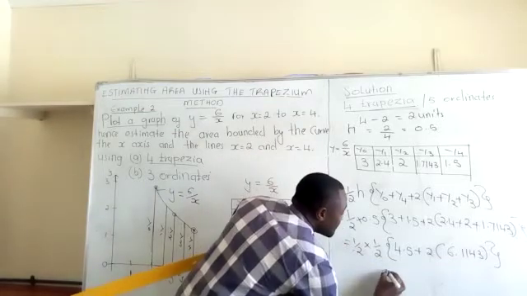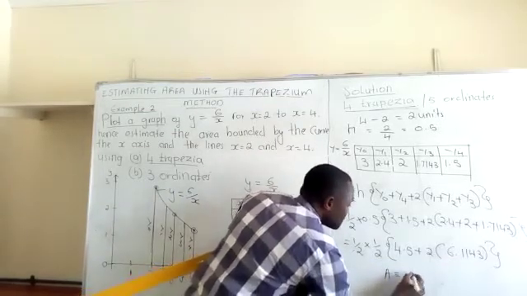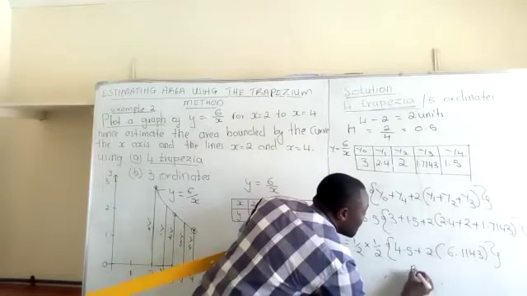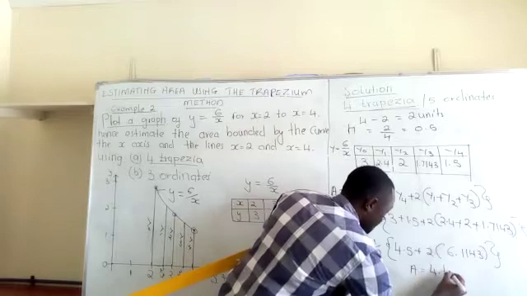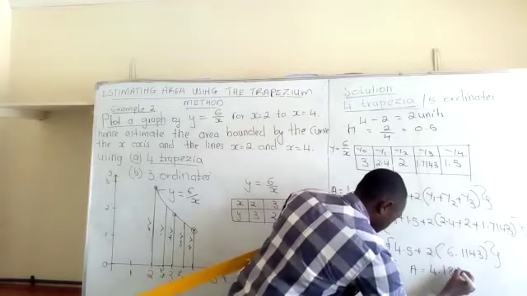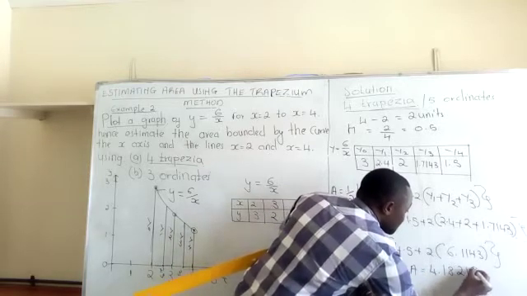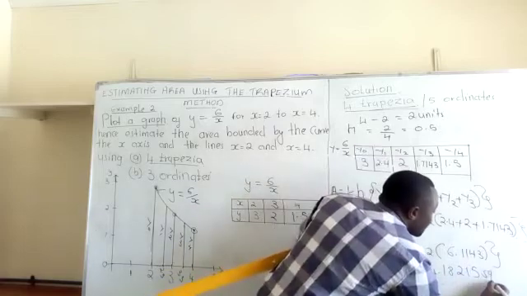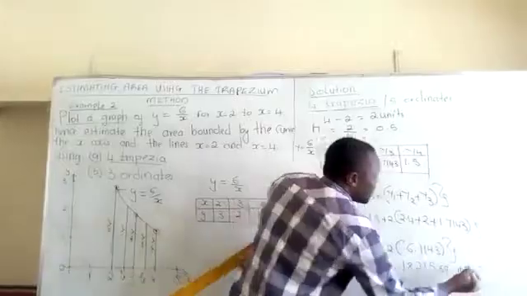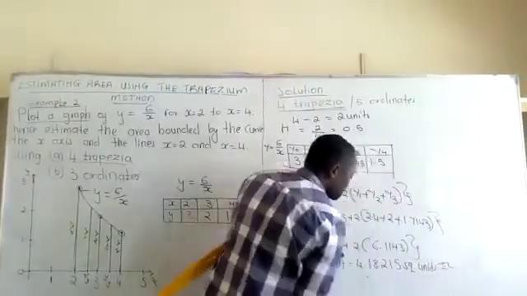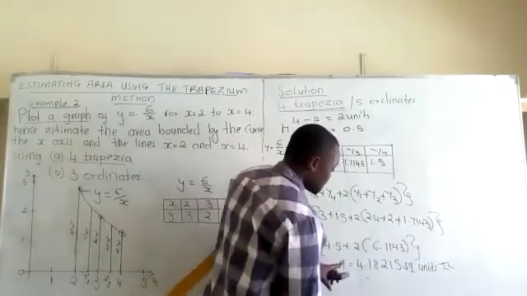That gives us an area of 4.18215 square units, which we can write to 4 decimal places or 4 significant figures.